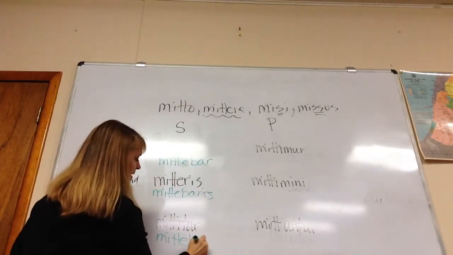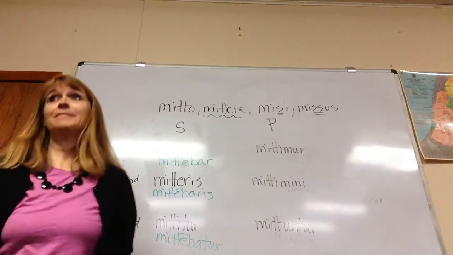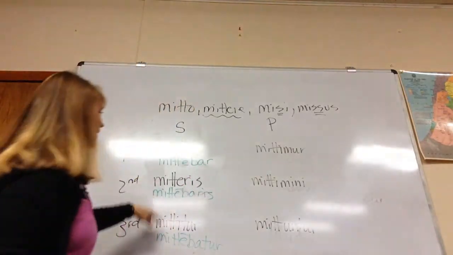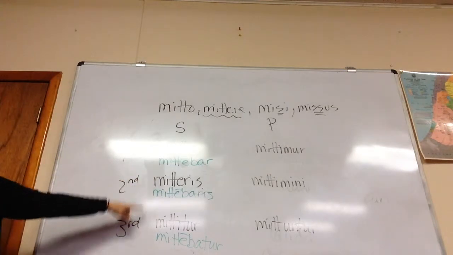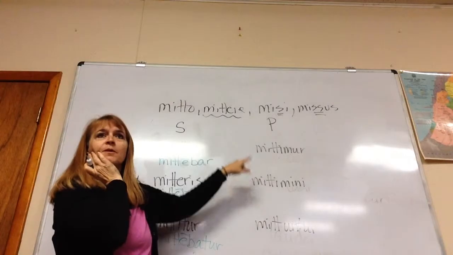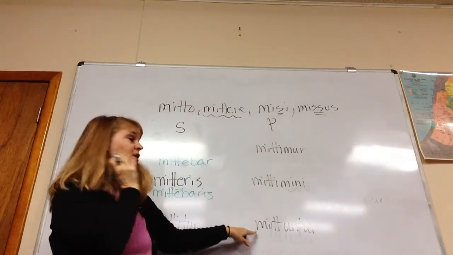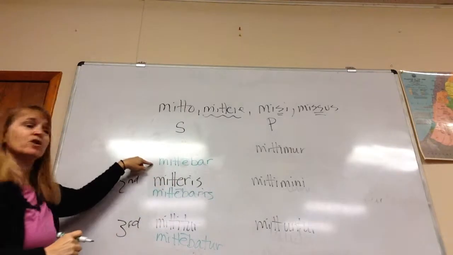There you get the macron on top. Yeah, these all do have it. So mittebar, mittebaris, mittebatur, mittebamur, mittebamini, mittebantur. Okay, how are we going to translate this again?